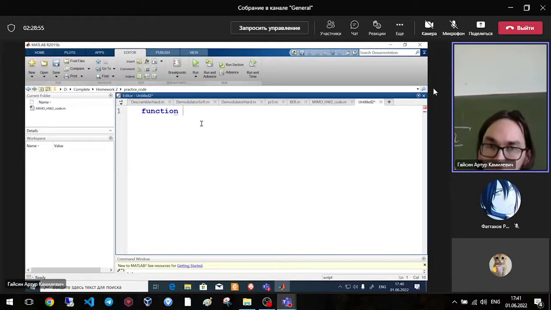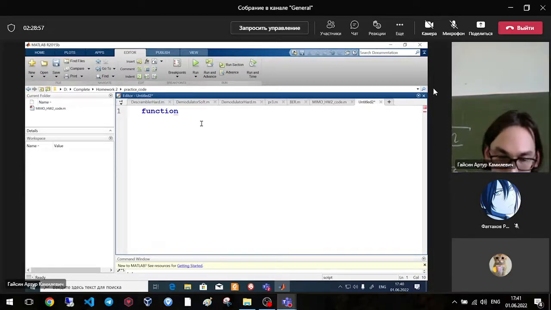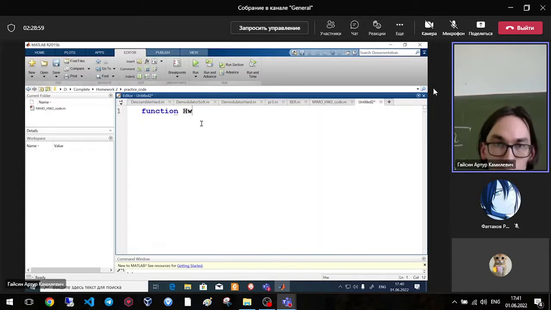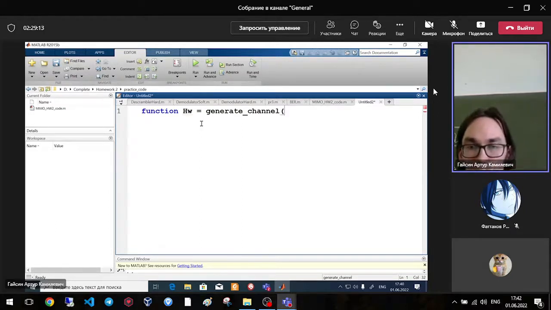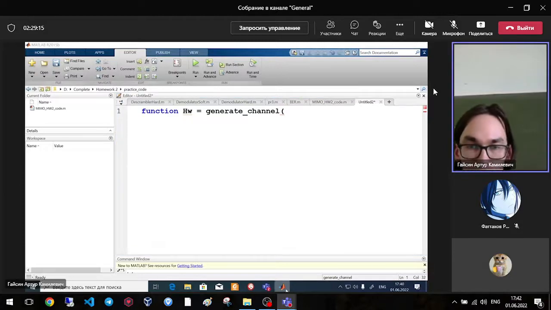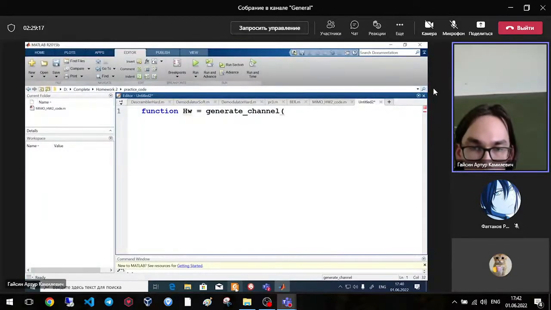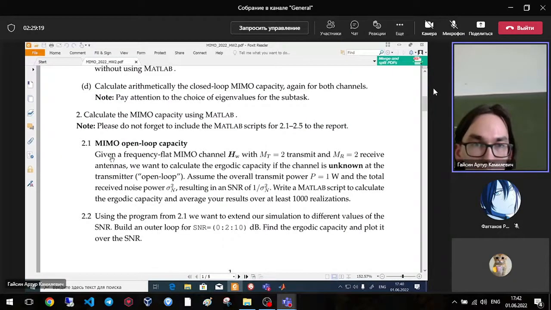As output, we want to get specifically the white channel, HW, and let's call it generate channel, for example. So as input, what we need to have, or let's check it one more time, what we want to get here.